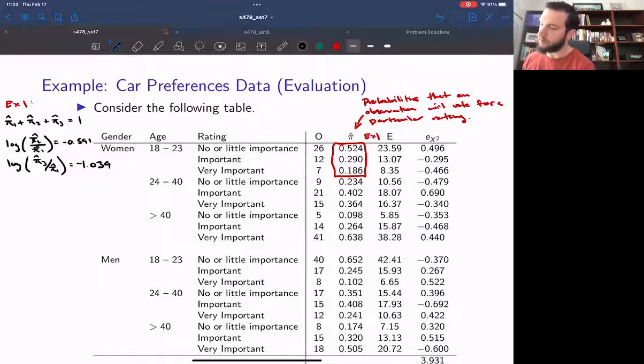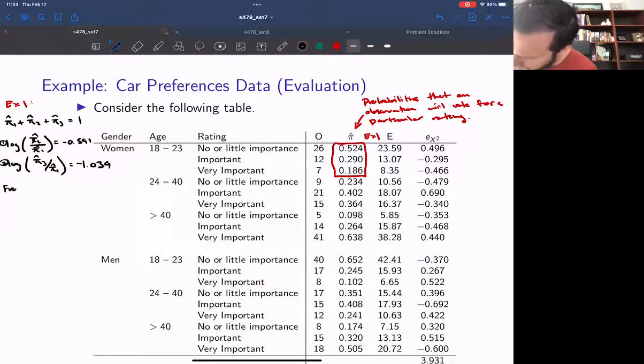What we're going to do here is just rearrange these to get an expression for pi hat 2 and an expression for pi hat 3 in terms of pi hat 1. This will be equation 1 and this will be equation 2.